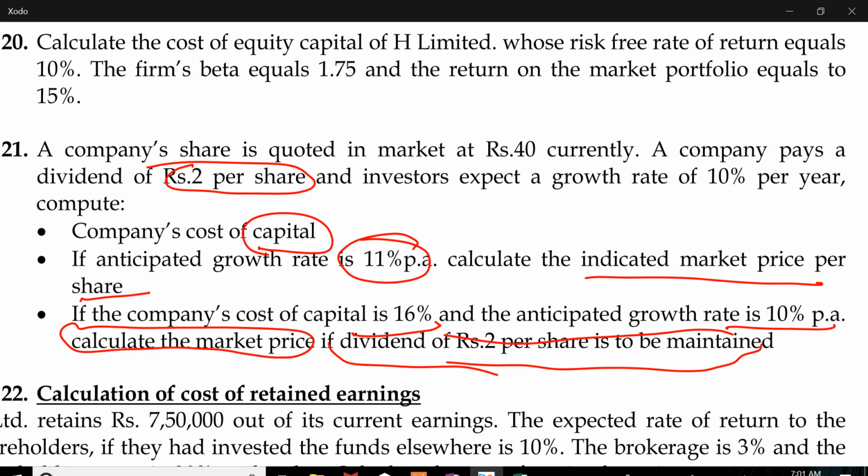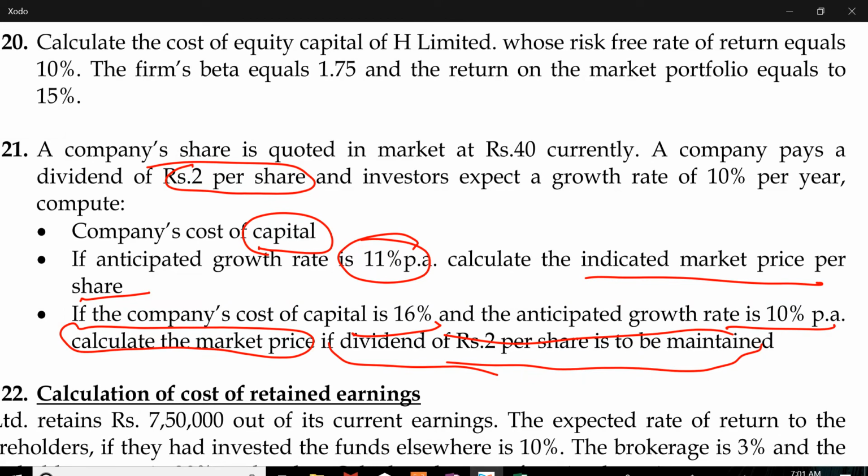Always there will be an issue with this D0 D1 classification. Whenever there is an issue, you write your assumption. In this problem, my assumption of D0 may not work, because they have clearly mentioned in the last part that dividend of 2 per share is expected to be maintained. Clear? Any doubts on this?